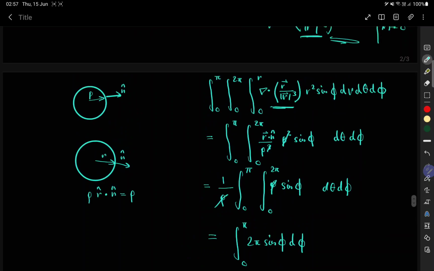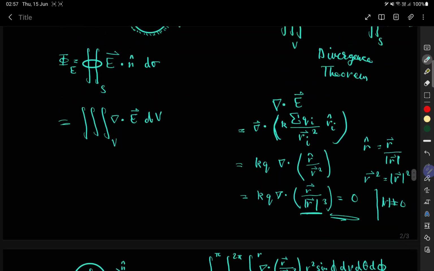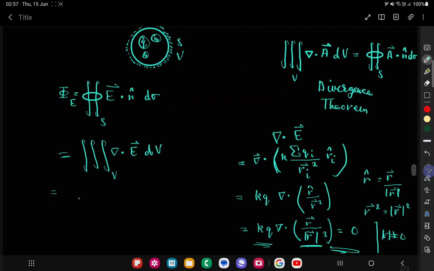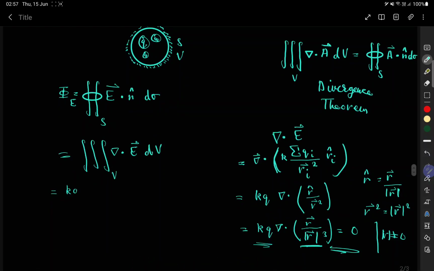Now this finally gives us that if we go back to our integral, we have to take the divergence of E. Now we took the constant aside here, right? So we have k, q, we have the integral of the divergence of r hat over r squared dv.